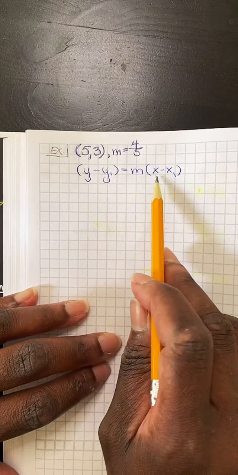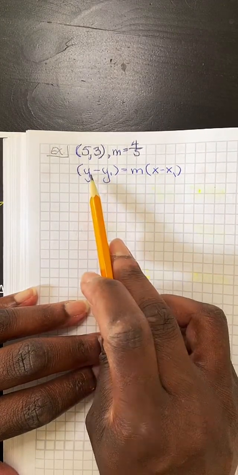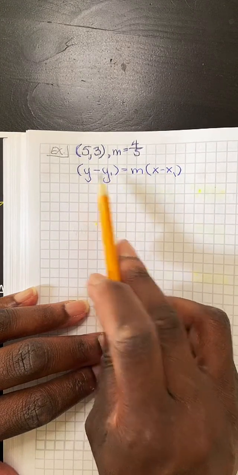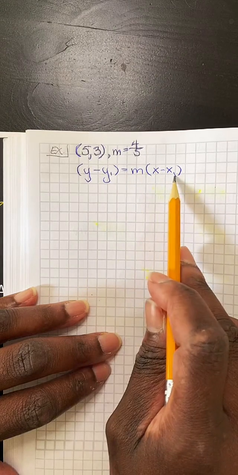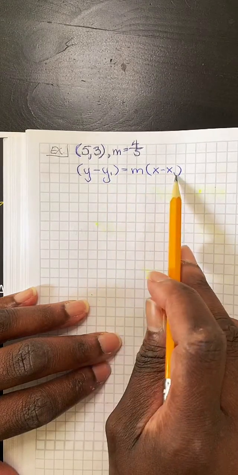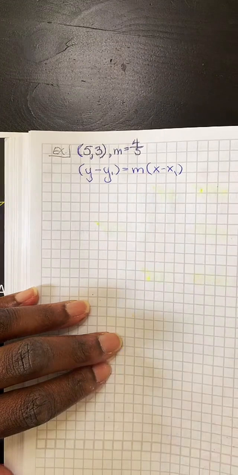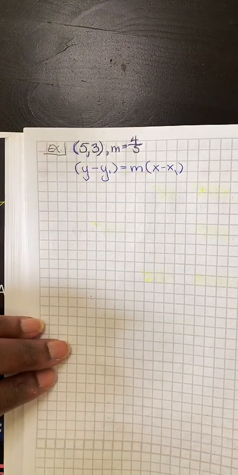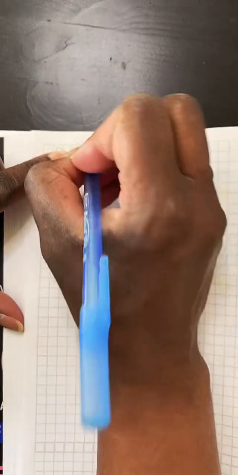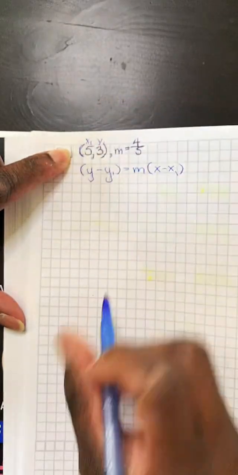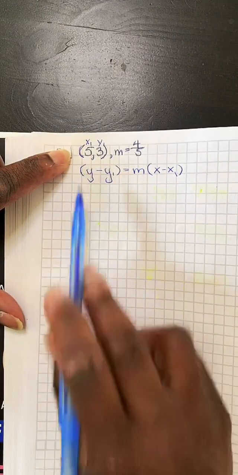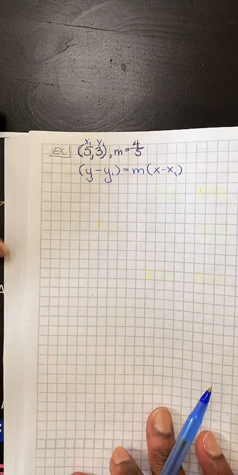The only thing missing is my sub 2's. But I'm not using 2 points, I'm only using 1. So I'm using 1 point and the slope. So this is going to be my x sub 1 and my y sub 1, because we're only using 1 point.